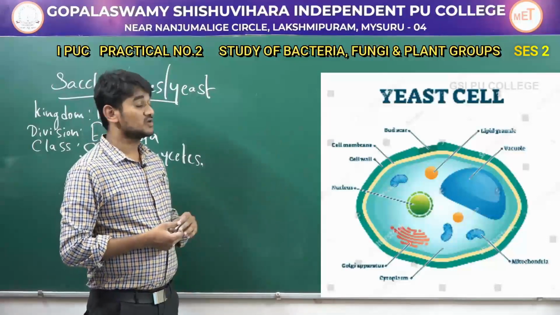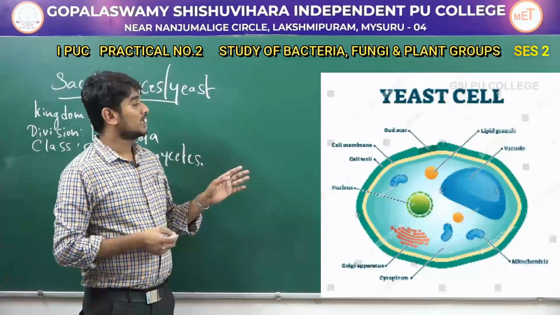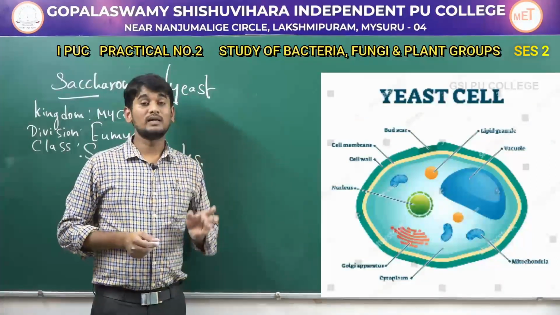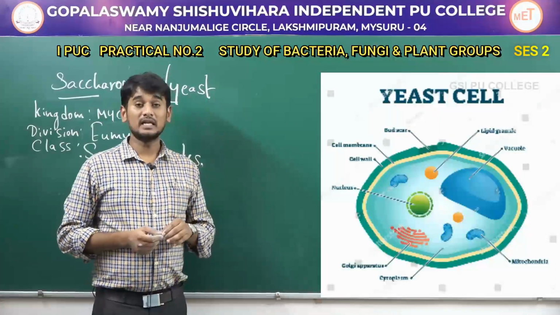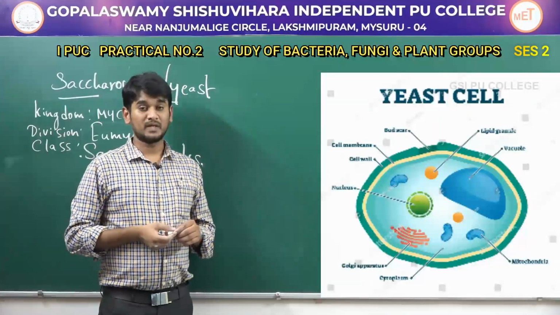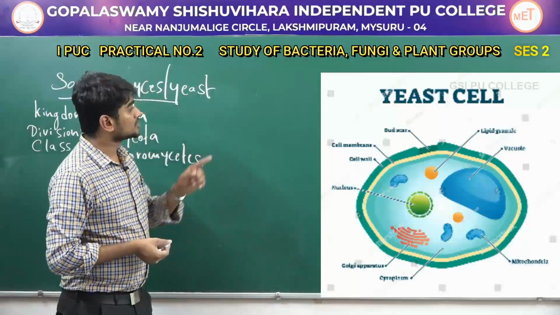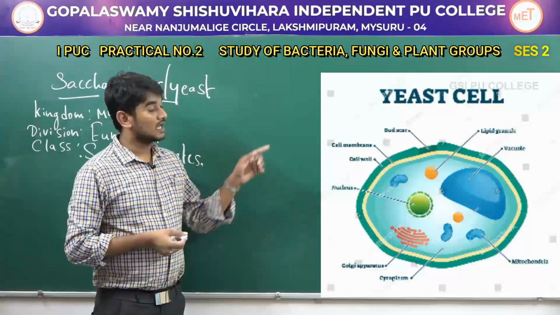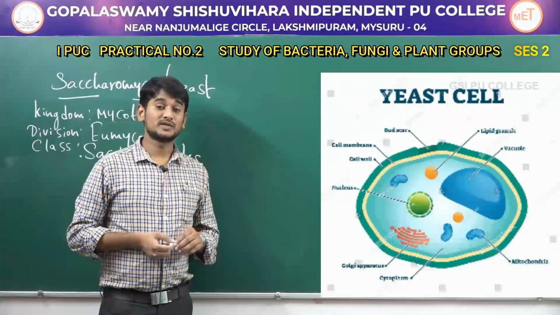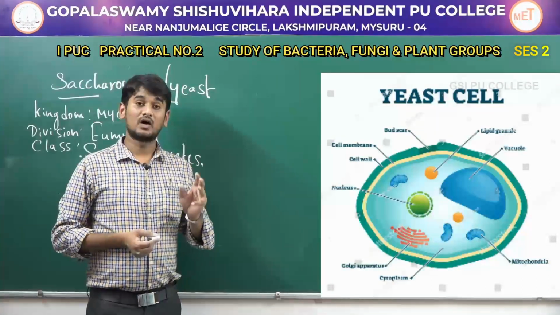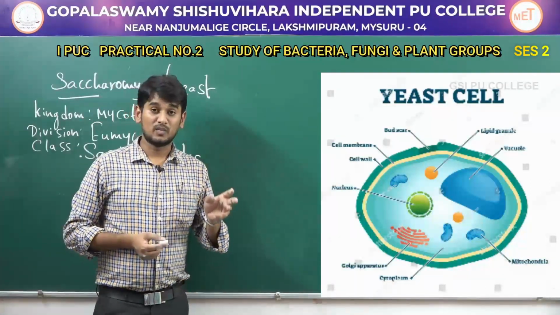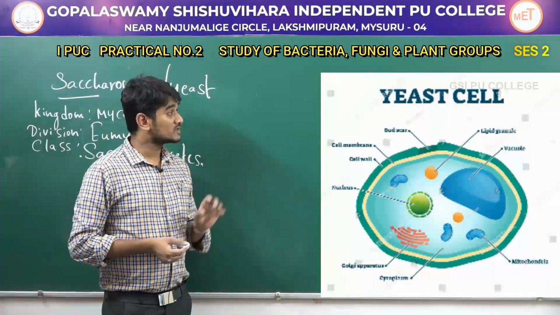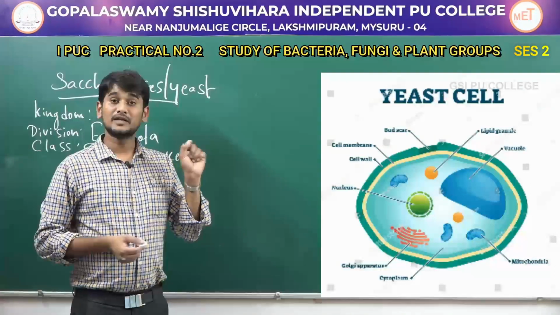On the right side we can observe the picture of yeast, which is unicellular and colorless, spherical or oval, in the form of chains helping in propagation, with a single large vacuole and single nucleus. These are all about yeast.